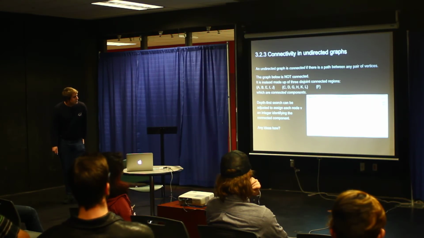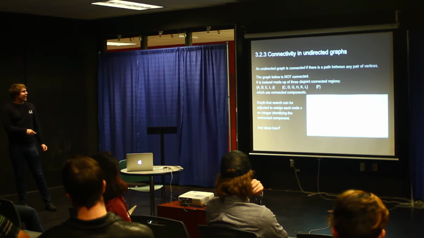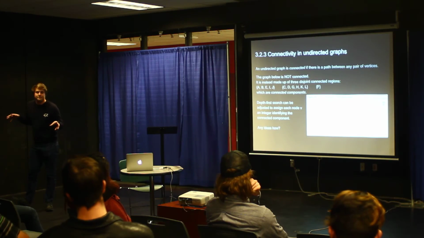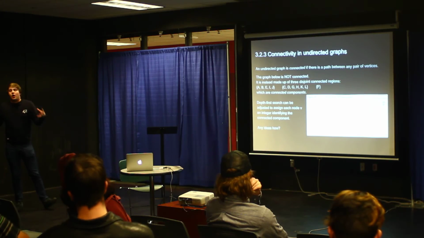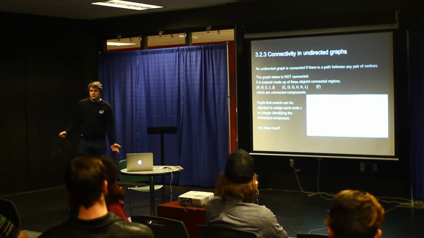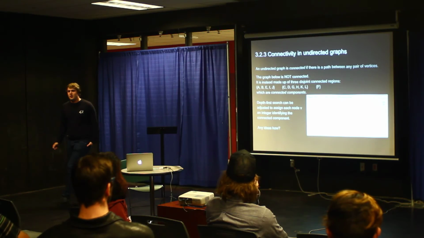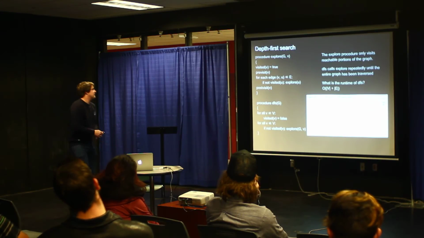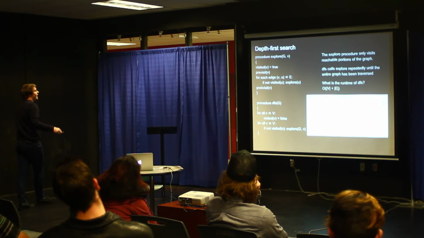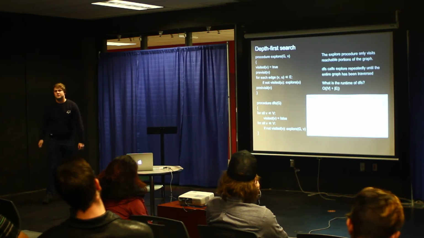So we can adjust our depth first search to actually keep track of which connected component each of these is. Does anybody have any ideas of how we might go about that? Based on this algorithm here, how would we assign a value to each of these different pieces?